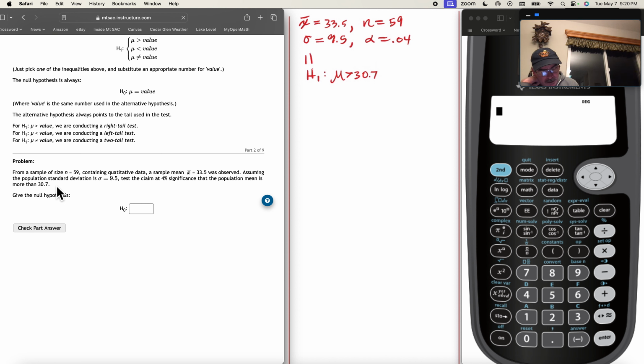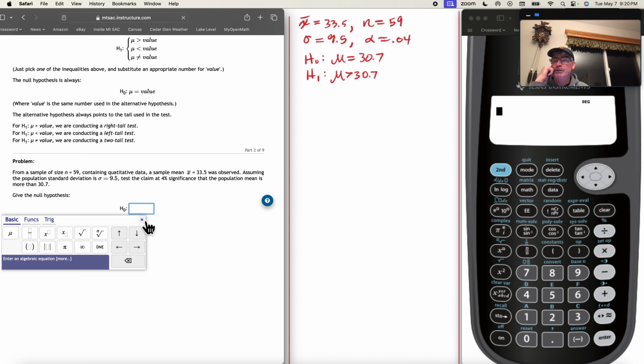So the null hypothesis, we're actually assuming that the mean is equal to this number, 30.7. So you just change it to an equal sign, and that's the assumption we make. So I think we're good here. At some point, they're going to have us check the criteria for normality, but that'll come up here.